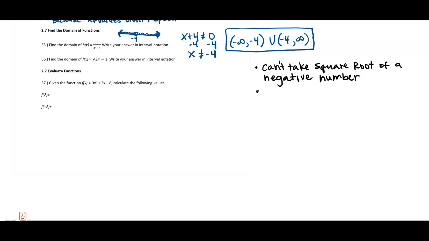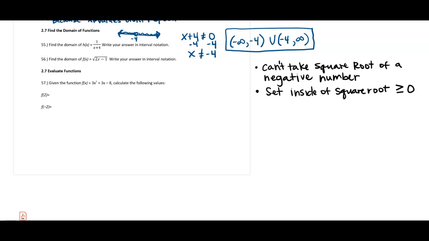So you're going to set whatever's on the inside, inside of the square root, greater than or equal to 0.